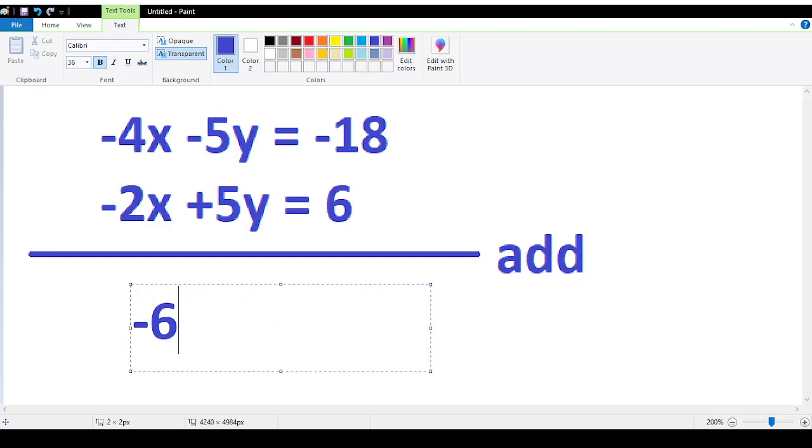Minus 6x. Okay. Minus 5 plus 5, how much? 0. That's correct. They will cancel out. Now, minus 18 plus 6.